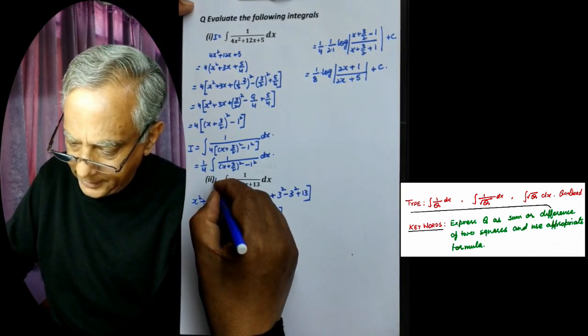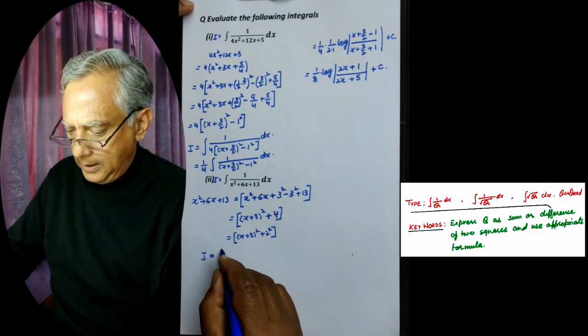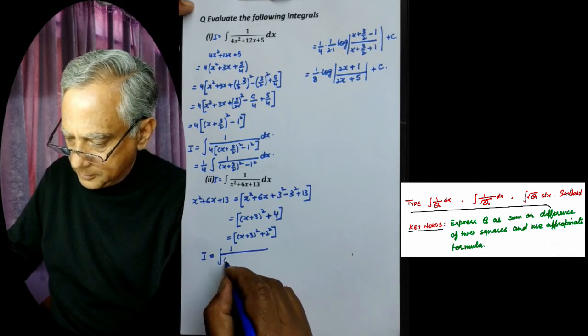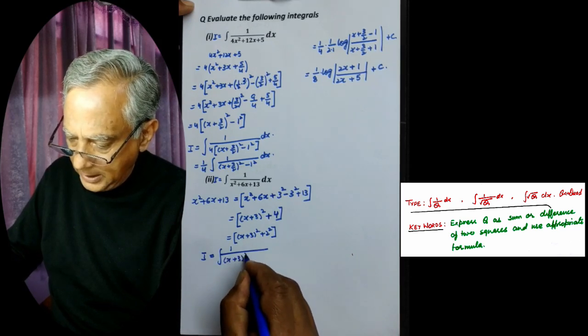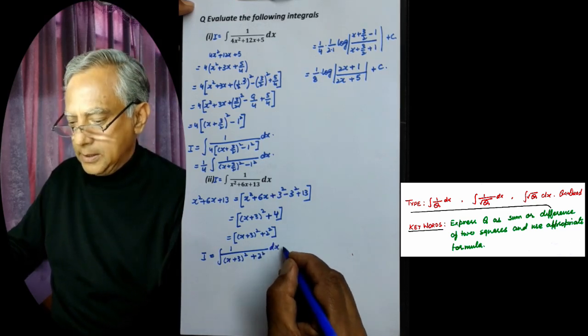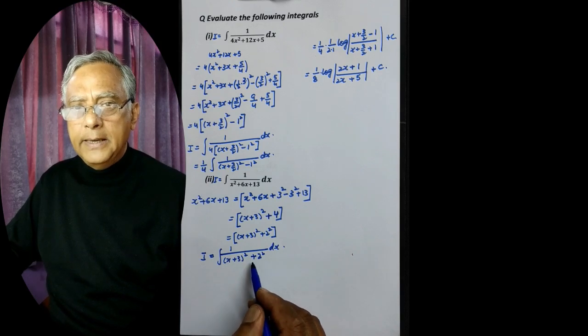So this integral will be equal to, I is equal to integral 1 upon x plus 3 whole square plus 2 square dx. Now formula used will be 1 over x square plus a square.